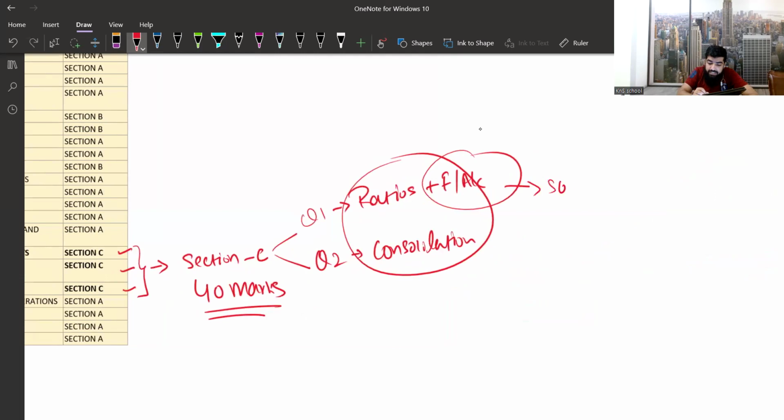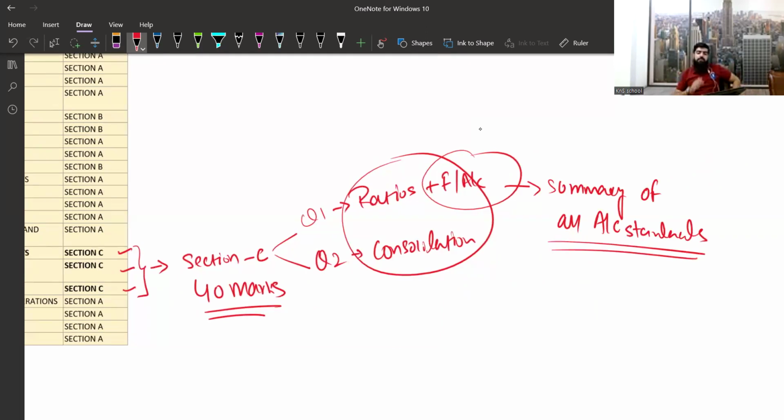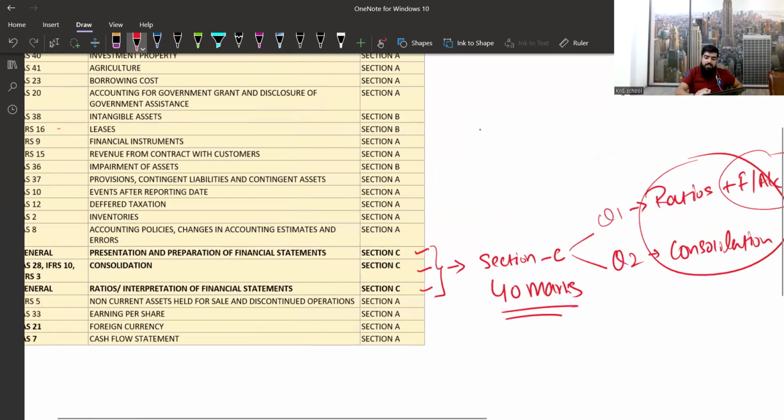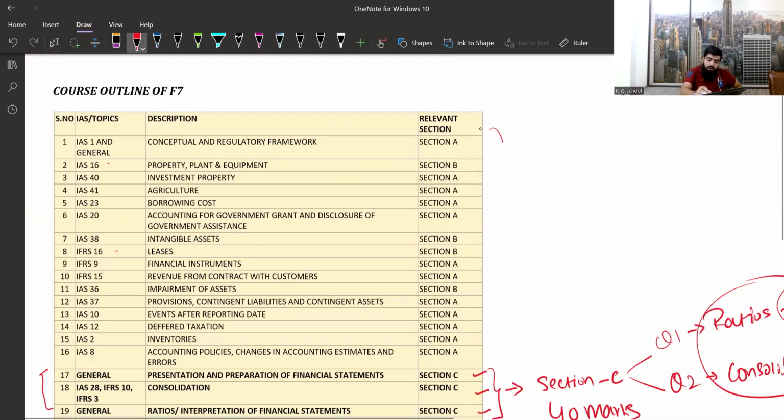It is basically the summary of all accounting standards. Because in the final account topic, you will be preparing the income statement, and in order to prepare the income statement, examiners will be testing the adjustments, and the adjustments will be taken from the different accounting standards, which means all of these accounting standards are very important.